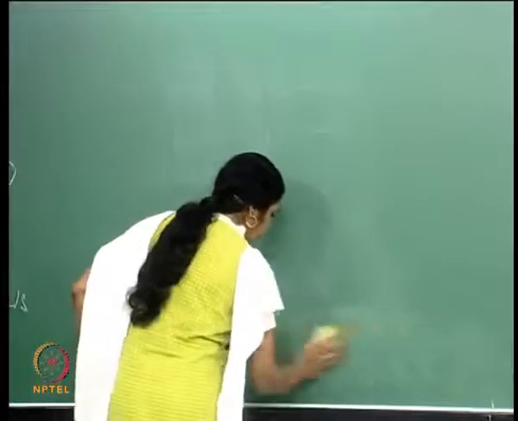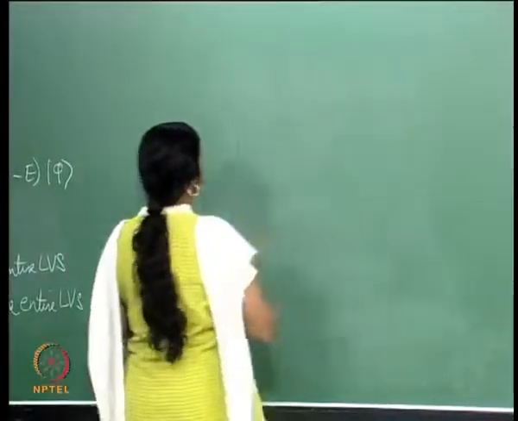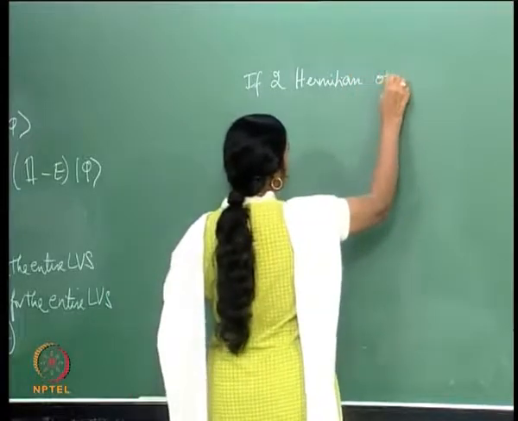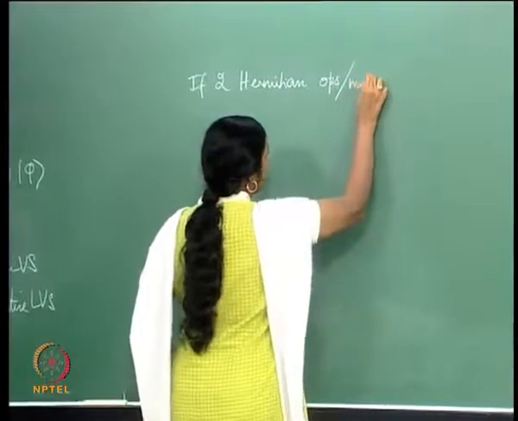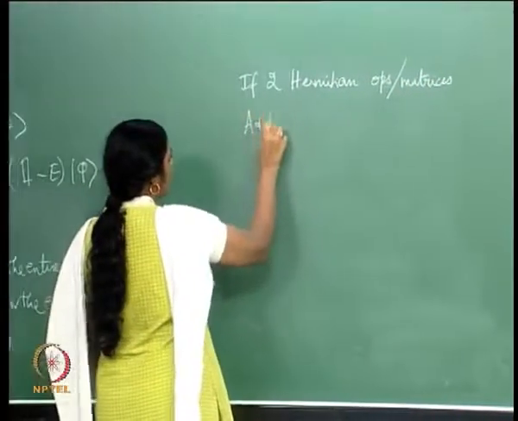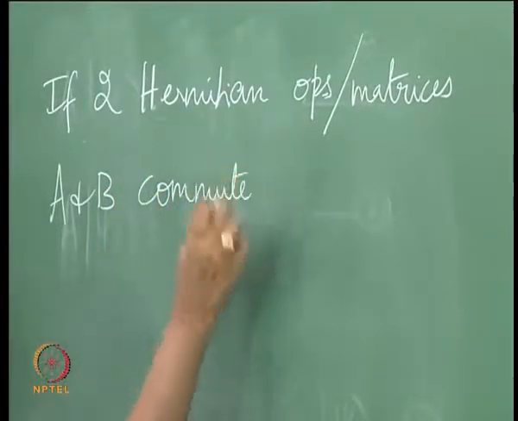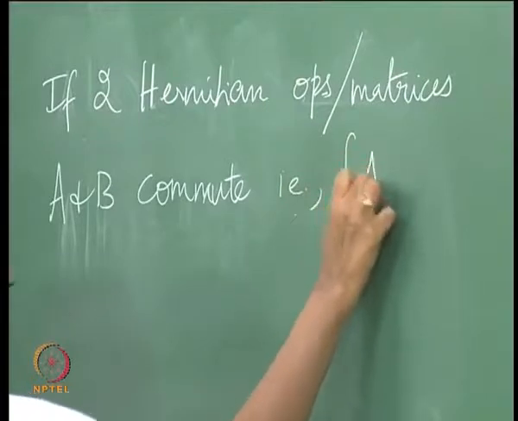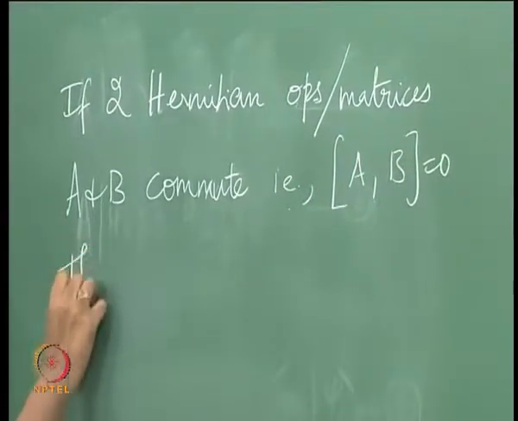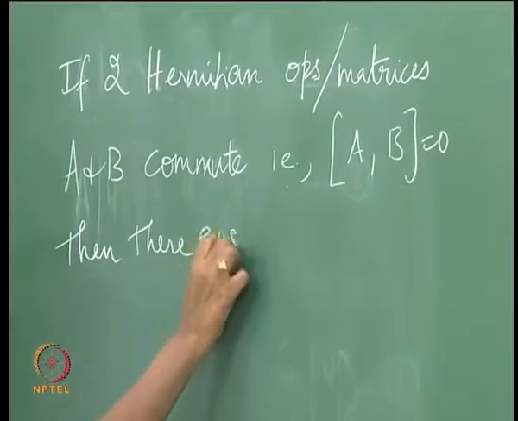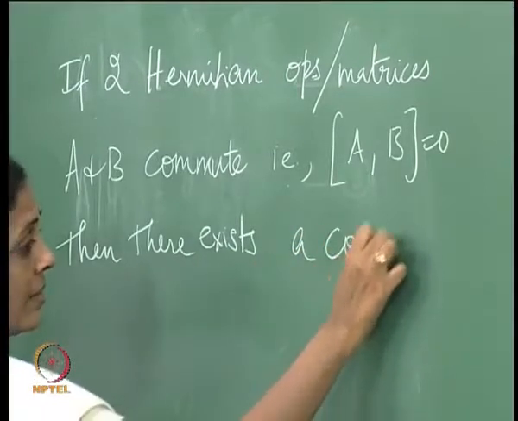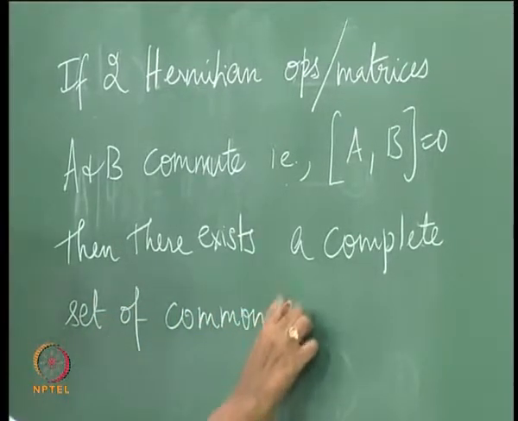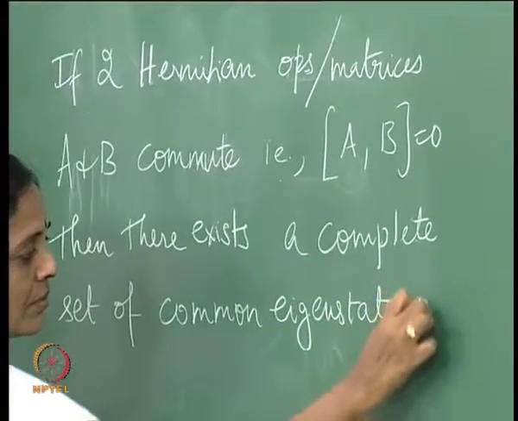So, the statement is this: if two Hermitian operators, could well be matrices, A and B commute with each other, that is, the commutator of A with B is equal to 0, then there exists a complete set of common eigenstates of A and B.